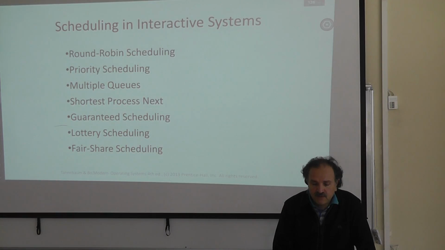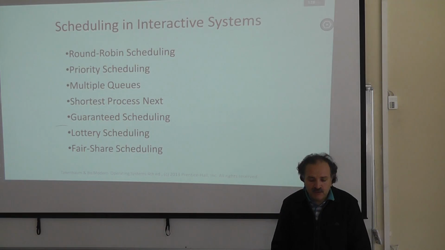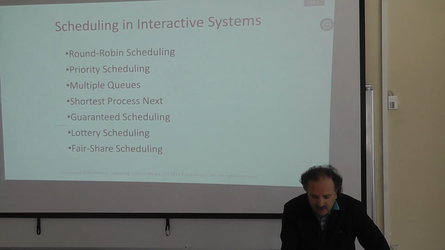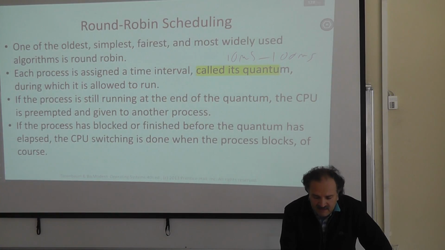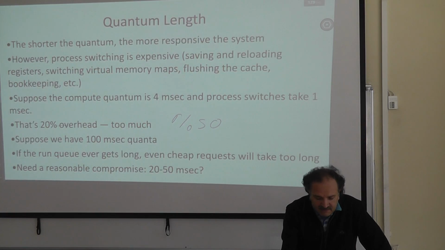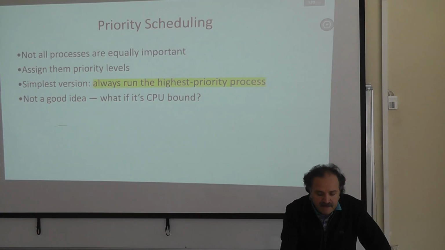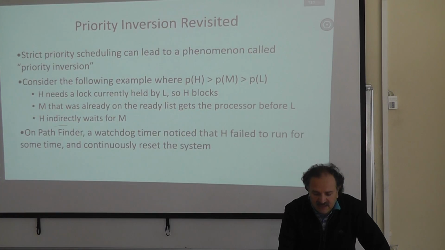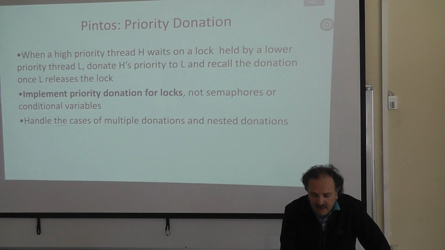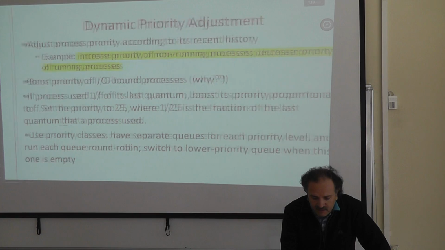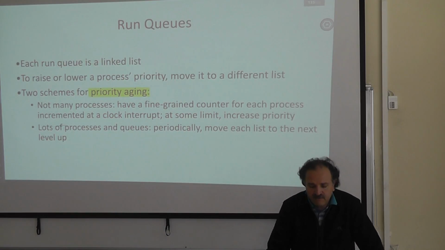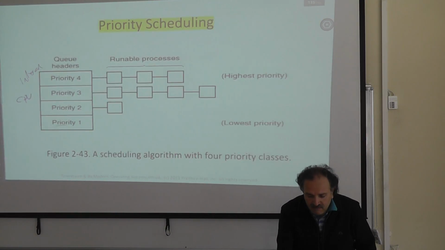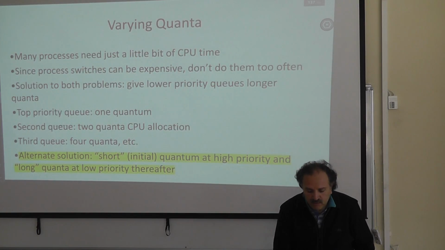With an interactive system, there is this issue of quantum time. Without the quantum time, without preemption, I wouldn't have interaction. With the simplest priority scheduling, I would run into problems, so I have to adjust my priorities, maybe make them higher, maybe lower, and along with that, maybe adjust my quantum time too.